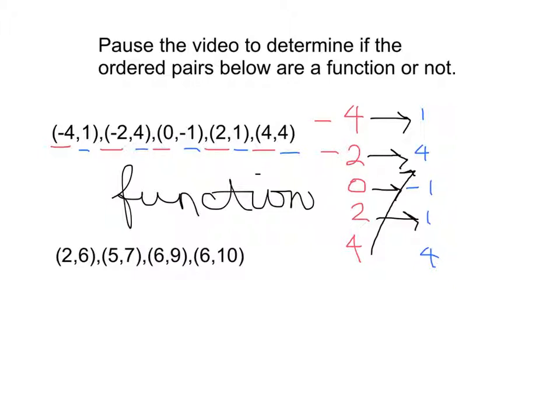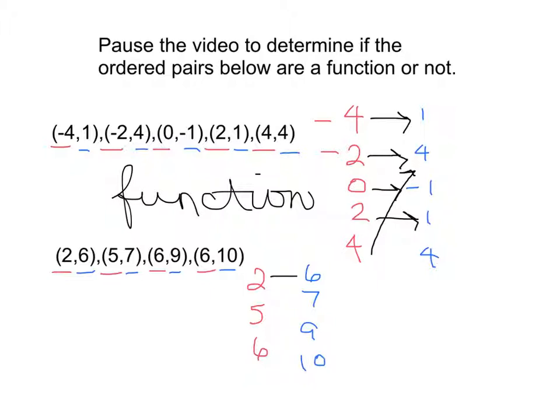Now, looking at the next set, we first want to look at our domain, which is 2, 5, 6. So we write those down, 2, 5, and 6. And then we look at our range, which is 6, 7, 9, and 10. And we create our map.